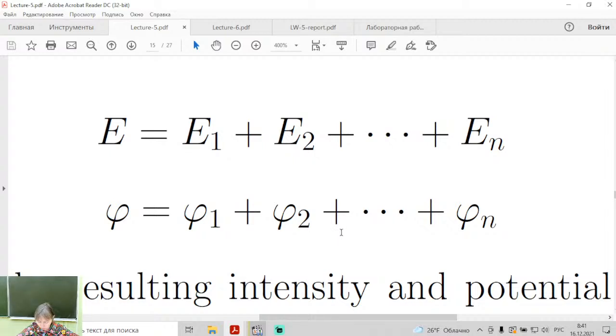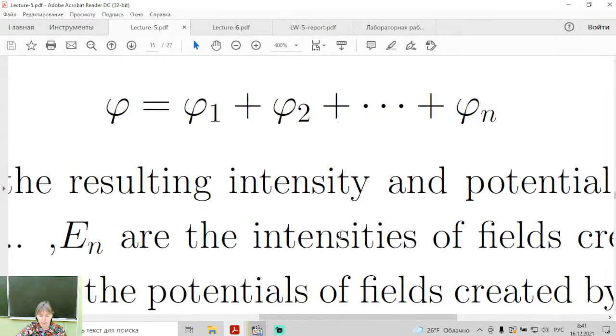Based on the principle of superposition of fields, it's possible to calculate characteristics of the field created by various systems of charges. An electric dipole is an aggregate of two point charges, plus q and minus q, of opposite sign, equal in quantity and placed at a small distance d from one another, which is called the dipole arm.